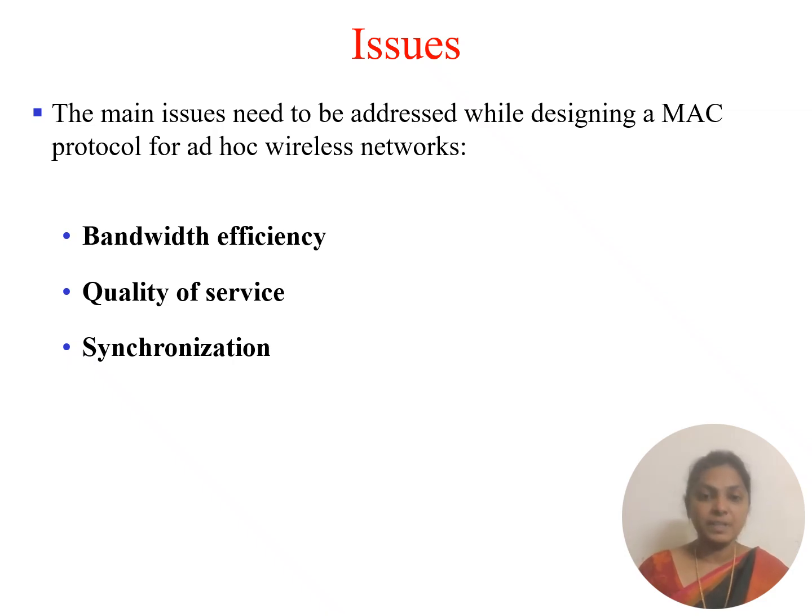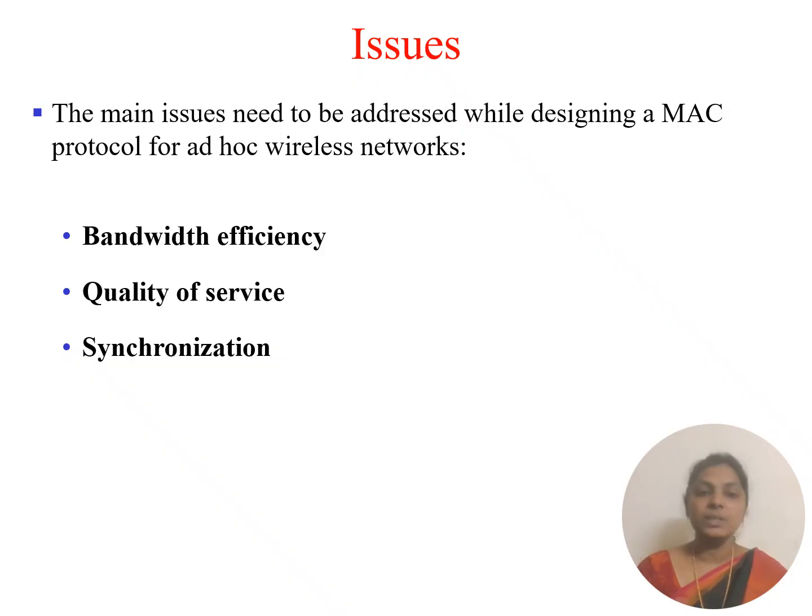So that's the first issue, the bandwidth efficiency, or whether the bandwidth is being efficiently utilized by the stations. That's a greater issue that happens in ad hoc wireless networks also.